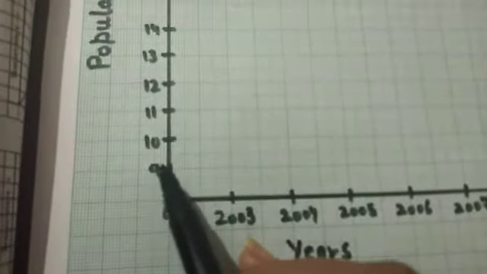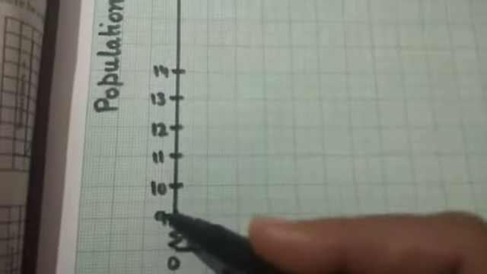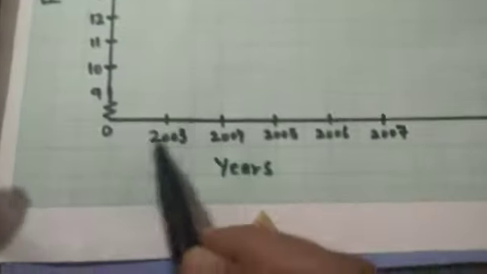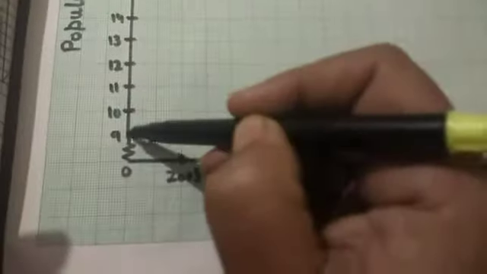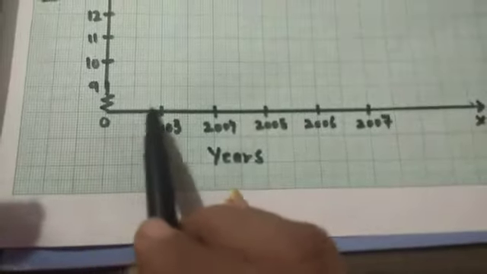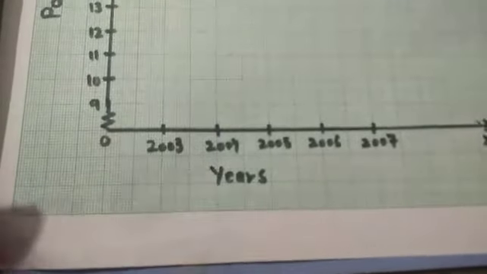So I have drawn the kink here, 9, 10, 11, 12, 13, 14. So this is the population in 1000. On y-axis population I have taken, and on x-axis same way years. Here 1 unit equals 1000 on y-axis, and on x-axis 2 units equals 1 year I have taken. You can take single also.